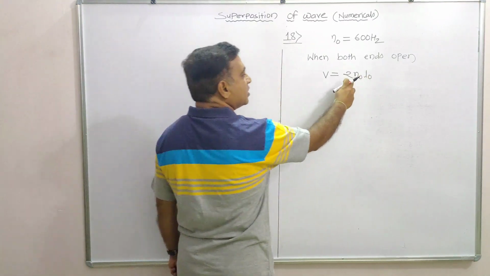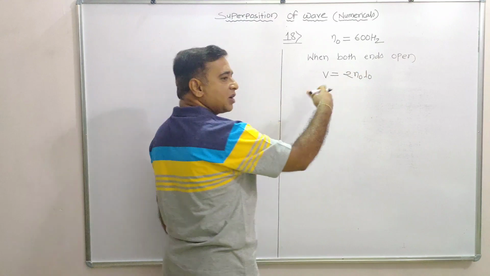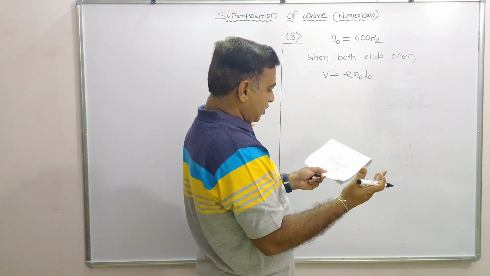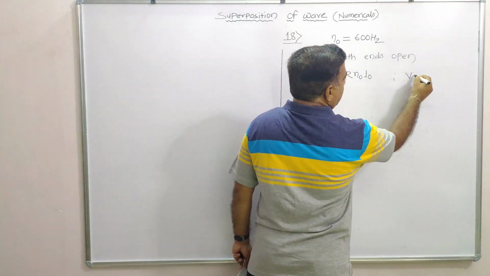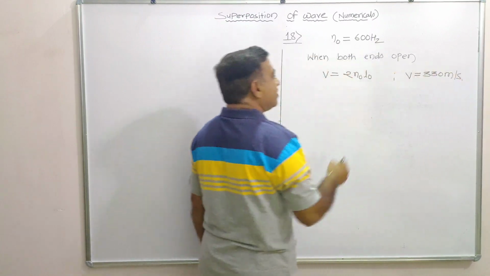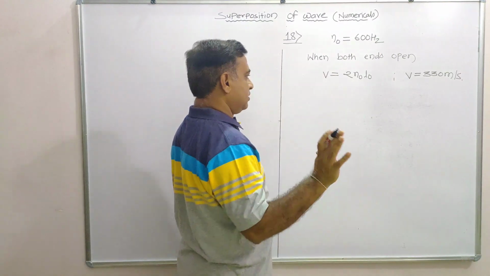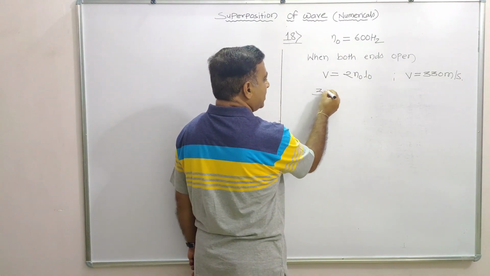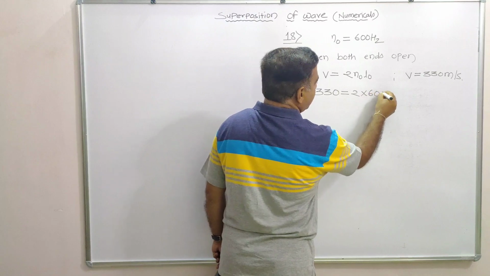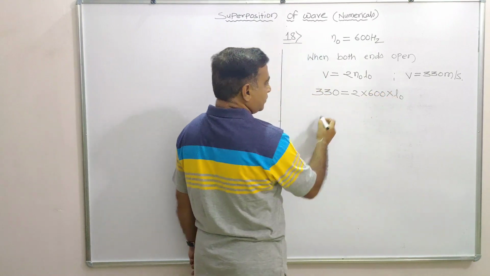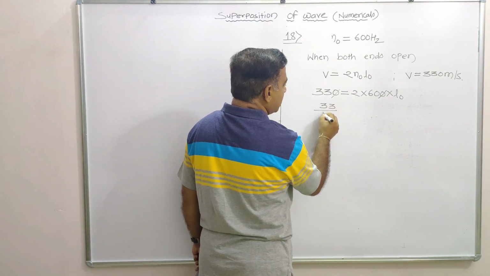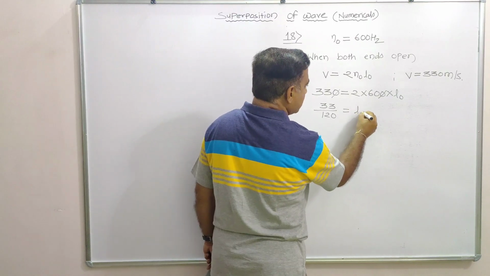For the open pipe, I am going to consider N0 the open frequency and L0 the open length. We know the velocity is always 330 meter per second. It is not given, but we need to consider that. So 330 is equal to 2 into 600 into L0. One of the zeros cancels with the 120, so 33 upon 120 is equal to L0.